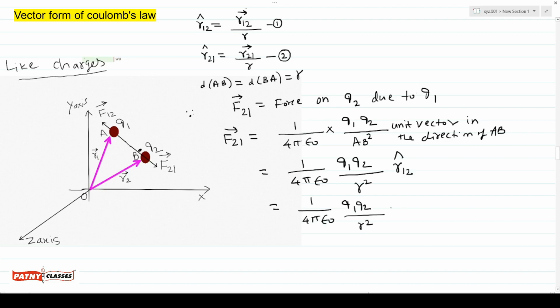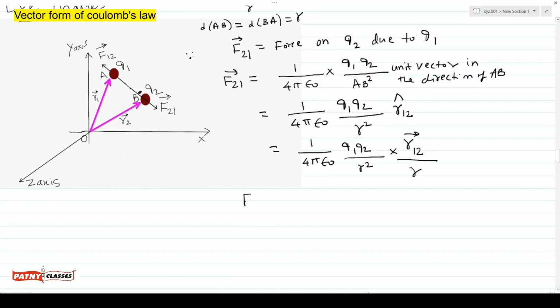And R12 cap is nothing but vector R12 divided by R.